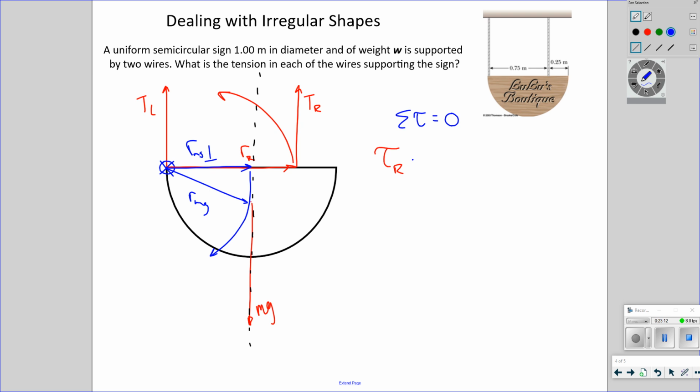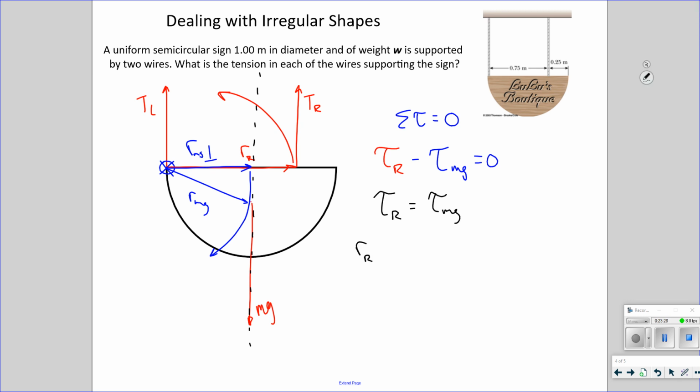So these two torques are equal and opposite. This is R_R times T_R. I don't have to worry about perp anything because R_R and T_R are perpendicular.